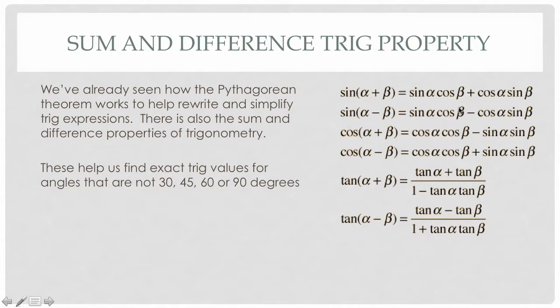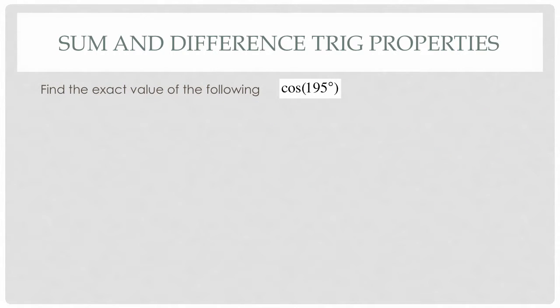So let's do an example about how to use the sum or difference. Find the exact value of the following: the cosine of 195 degrees. Well, the cosine of 195 is not anything that shows up on my unit circle, but here's where the sum or difference comes in.